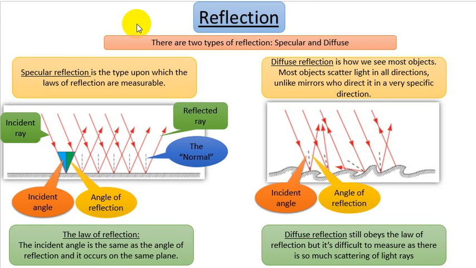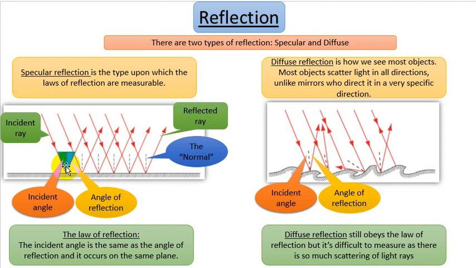Next, light reflection. There are two types of reflection, guys: specular and diffuse reflection. When light is incident on a smooth, flat surface, it is reflected back with the same parallel rays. So this reflected angle is measurable.